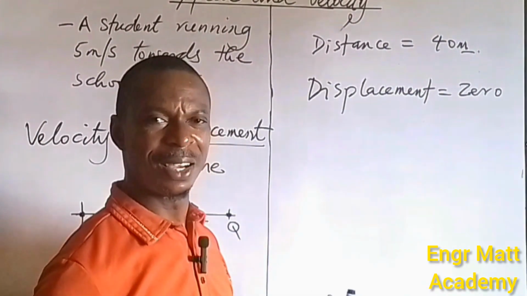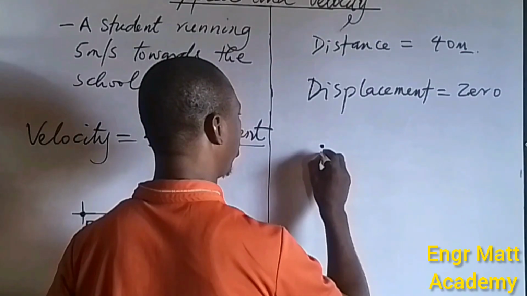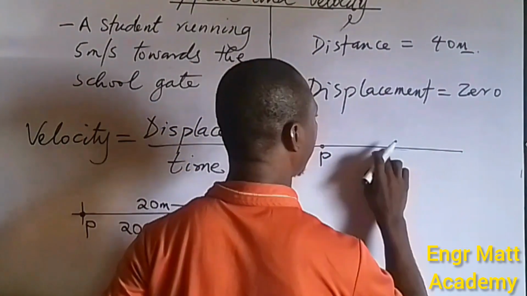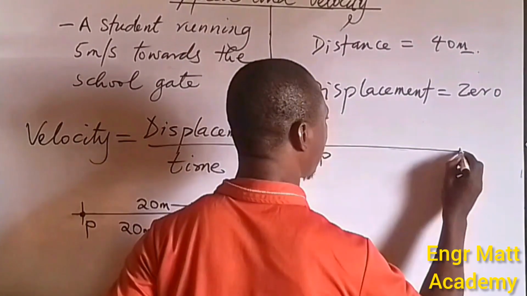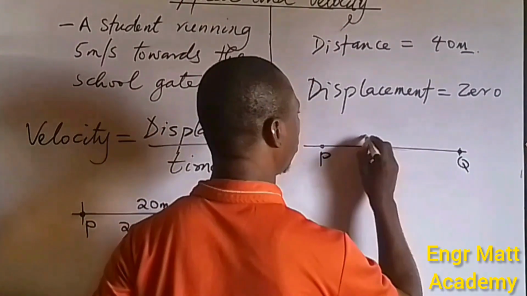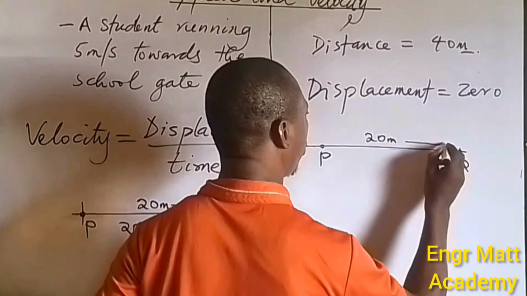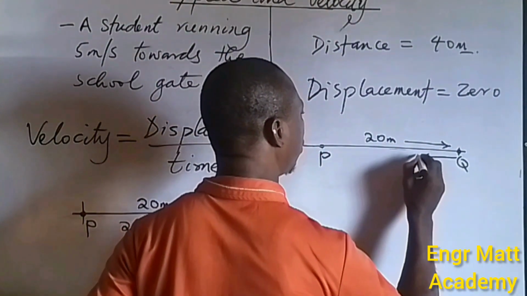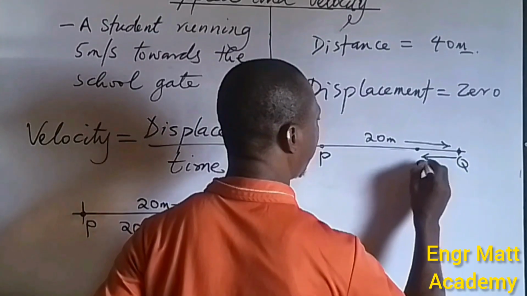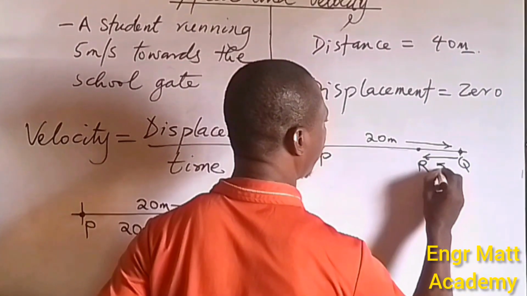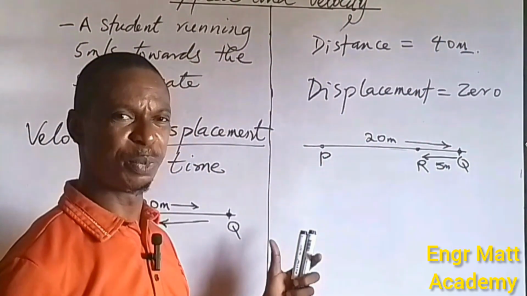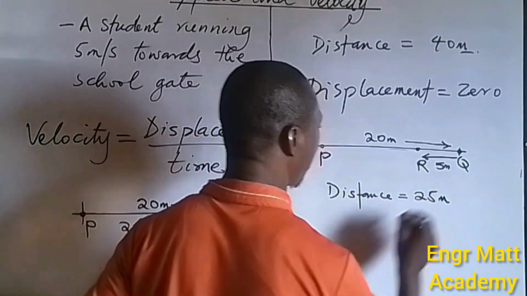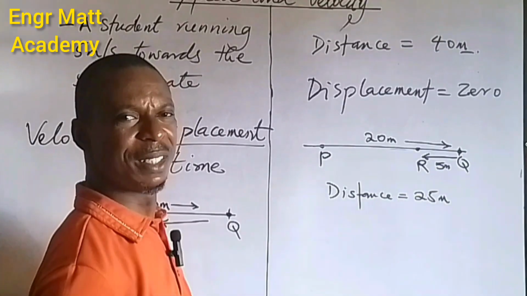So to make it clearer, consider this. The boy started from point P and moved 20 meters to point Q. He then moved 5 meters backward to point R. What is the total distance of this boy? Distance is equal to 25 meters. What about displacement?